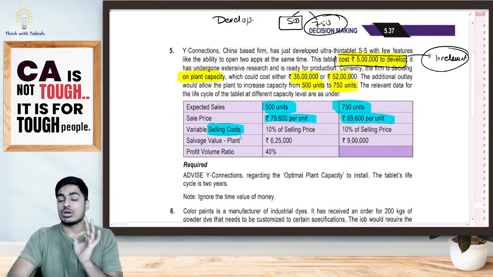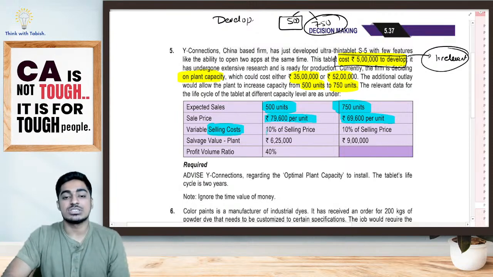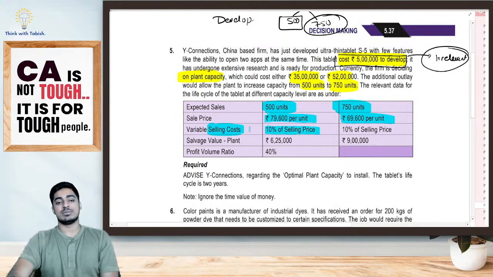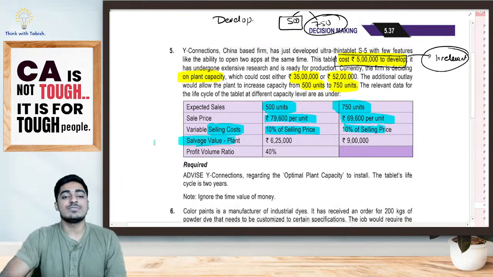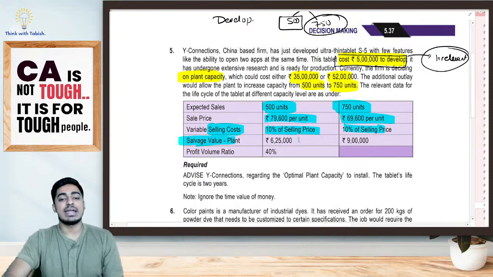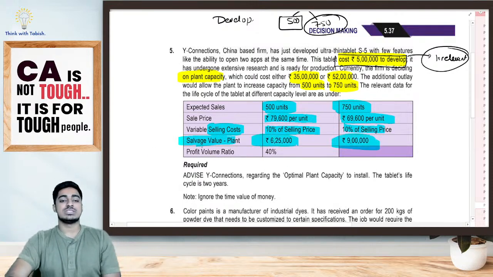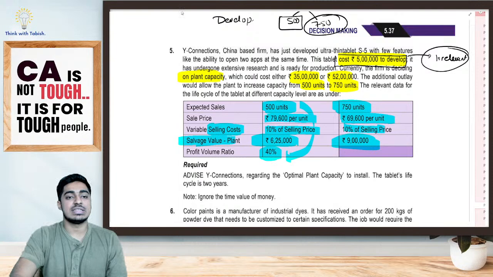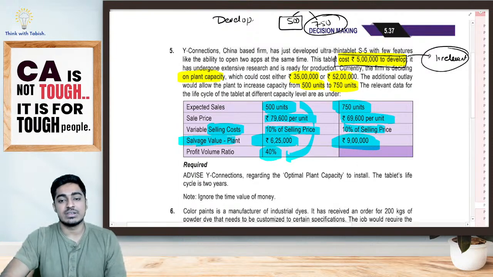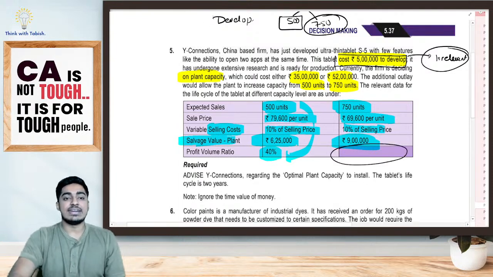What is the variable cost I am incurring? 10% of selling price. Variable selling cost here is again 10% of selling price. Salvage value of plant. If I purchase the plant, at the end of it, I will be getting 6,25,000. I will be getting 9 lakh rupees. PV ratio is going to be 40% here.